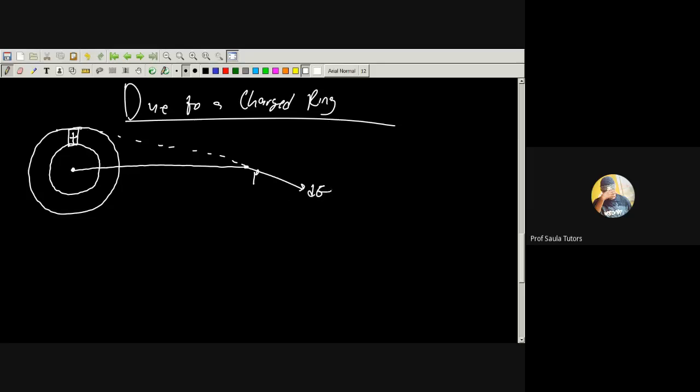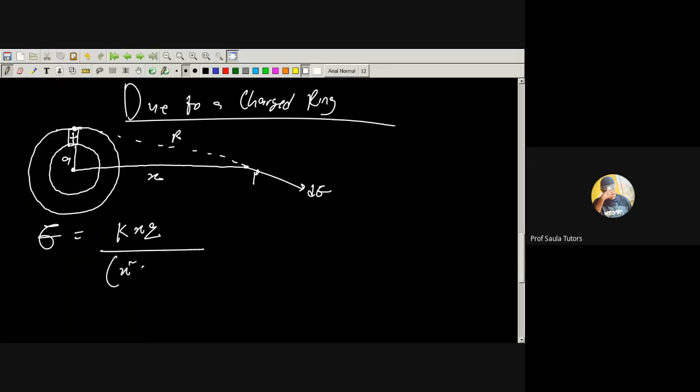So the center of the ring, along the x-axis, this is the distance x. The distance from this point to this point is what I give you as R, and the radius of the ring is a. So therefore, our electric field E, the magnitude, is what? kxQ, that x you can see what it is standing for, then all over (x squared plus a squared) to the power of 3 over 2.